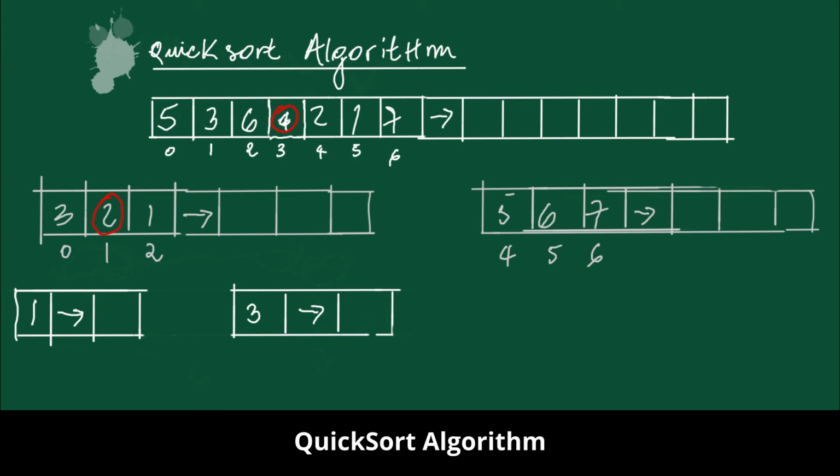Because we cannot divide one element, we need to say that 1 is 1. It's sorted. If an array has only one element, this array is already in sorted order. There is nothing to do.